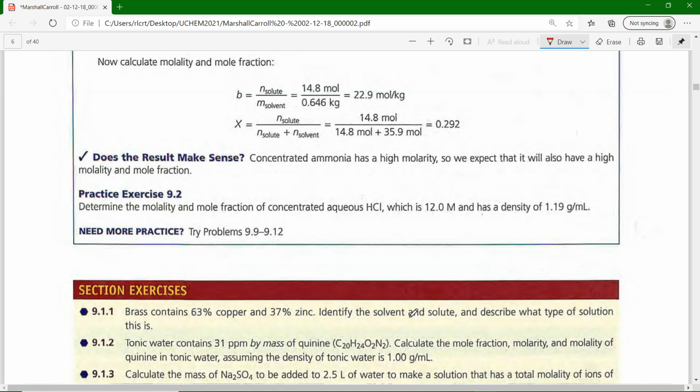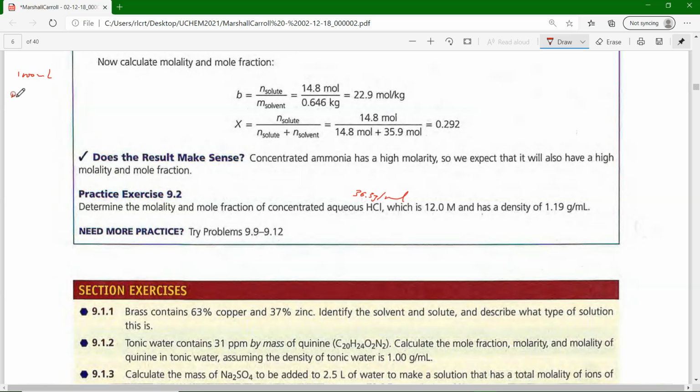Practice exercise 9.2. Let's give that one a try here. Determine the molality and mole fraction of concentrated HCl, which is 36.5 grams per mole, which is 12 molar and has a density of 1.19 grams per mL. So let's assume we have 1,000 mL.